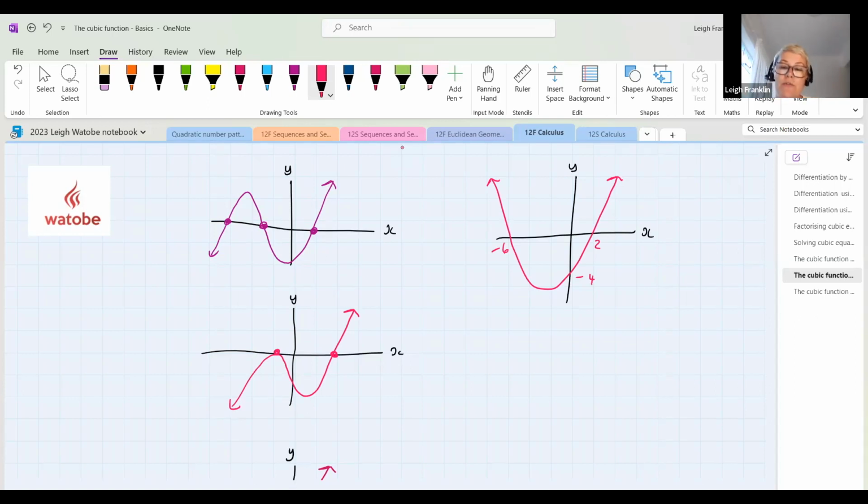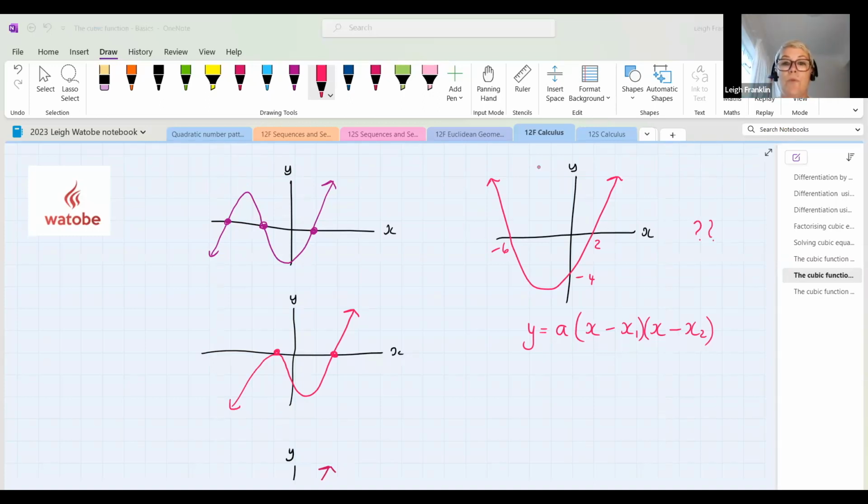You could be asked to find an equation in this form, and you had to use a formula that's not on your formula sheet. It goes y equals a, x minus x1, or root 1, x minus x2. Do you remember that? Is this ringing a bell from grade 11?